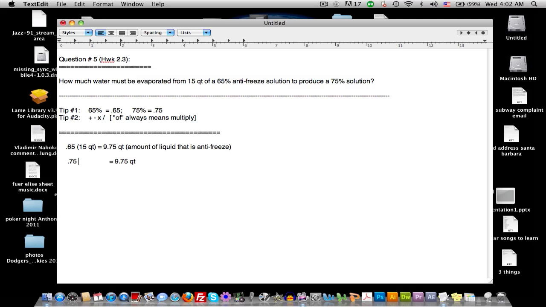But this is hard now. We don't know exactly what to multiply here because we don't know how much liquid is going to be remaining once the water is evaporated. So let's call that X. We know that once water is evaporated, we are going to have less than 15 quarts. We just don't know how much now. Of course, that's still equal to 9.75 quarts, and I'll go ahead and put this in parentheses, of antifreeze.